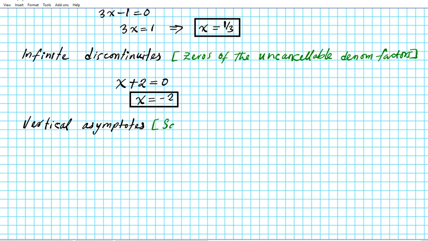So these are the same as the infinite discontinuities. The nice thing about this problem is that we have already found the infinite discontinuity as x equals -2, so our vertical asymptote is simply x equals -2. Sorry, so x equals -2 is our vertical asymptote.